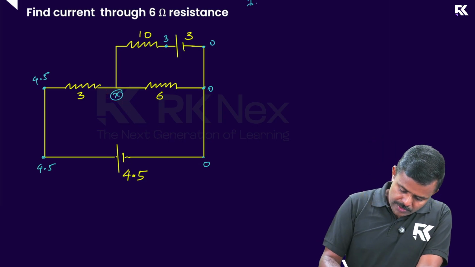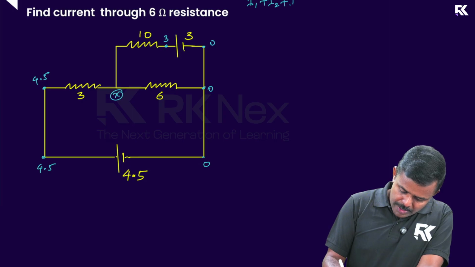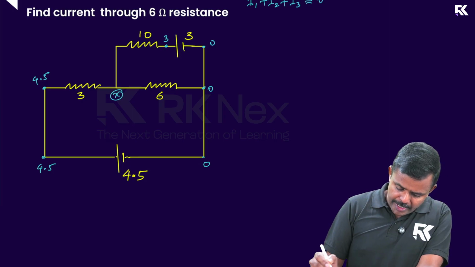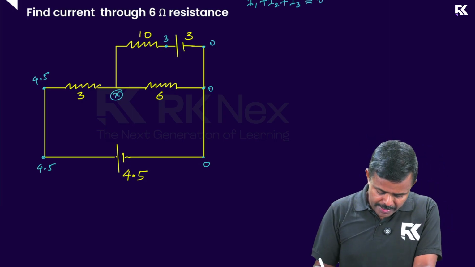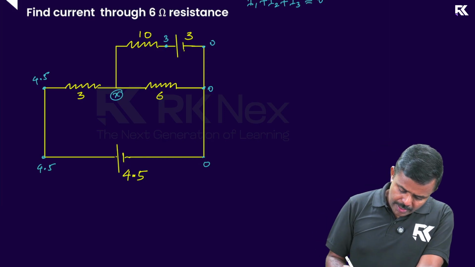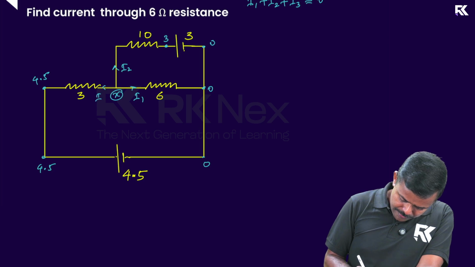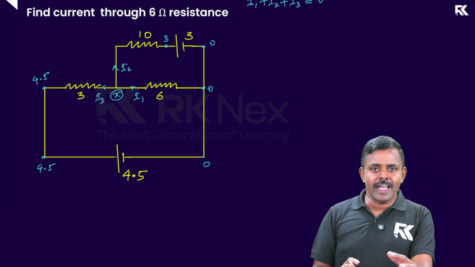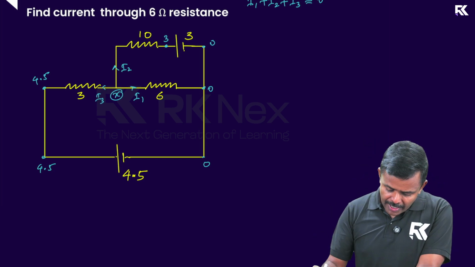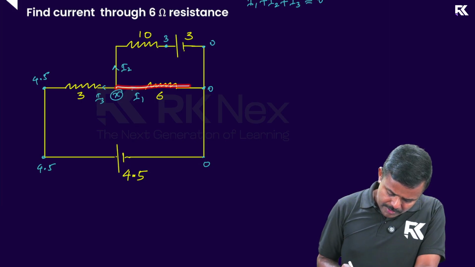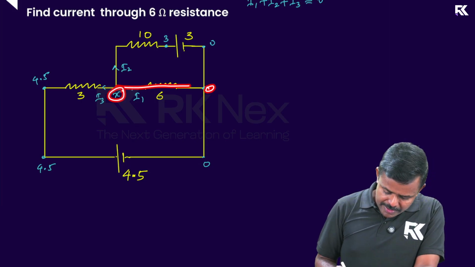What is Kirchhoff's junction rule? I1 plus I2 plus I3 should be equal to 0. I'll call this current by the name I1, and this one as I2, and this one as I3. And we have to proceed exactly the same way we did in the previous case. I1 is what? For I1, the left end is X, right end is 0.